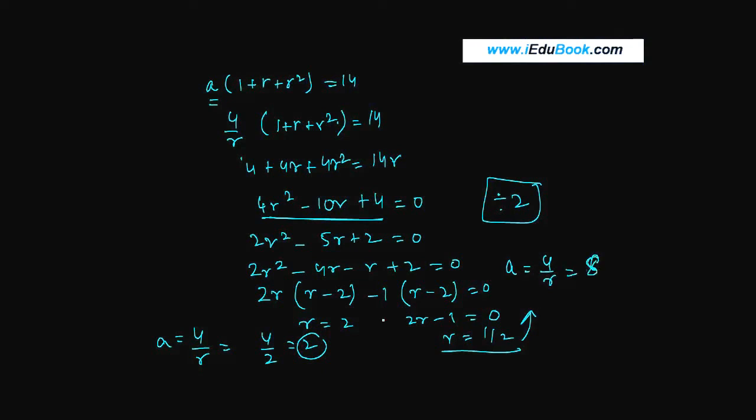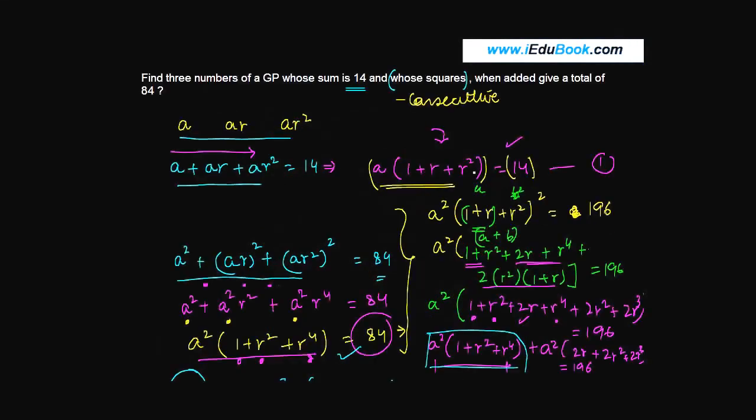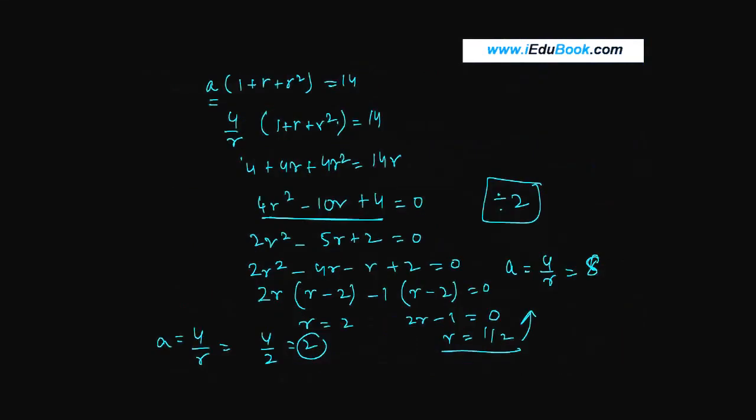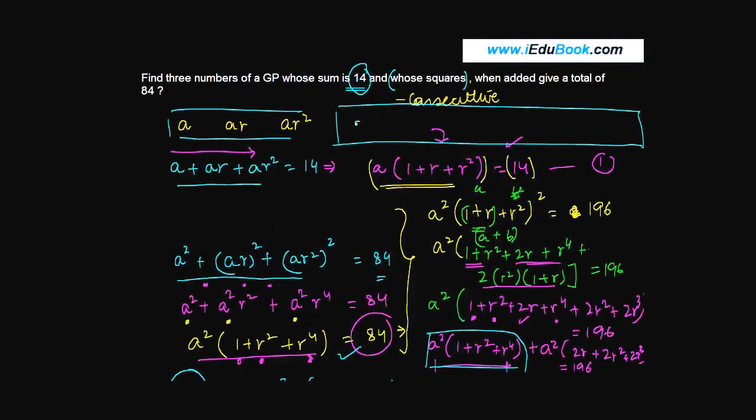Now once you've got the value of a and r, you can easily plug them into these three terms and get the sum as 14. What were the three terms? a is equal to 2 for the value of r is equal to 2. So a is equal to 2, ar will be 4, ar square will be 8: 2, 4, 8. And that's the answer.